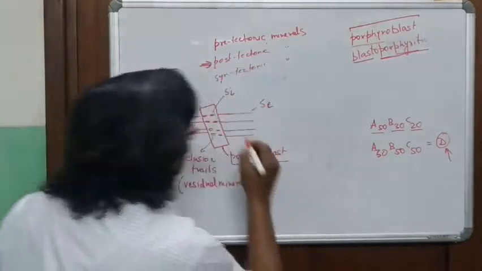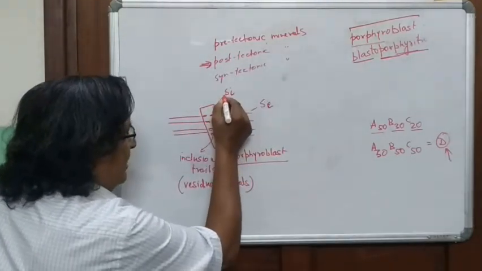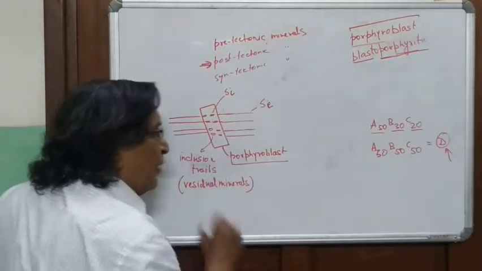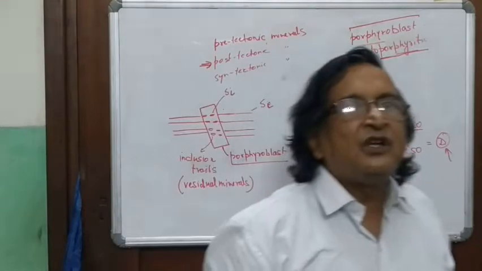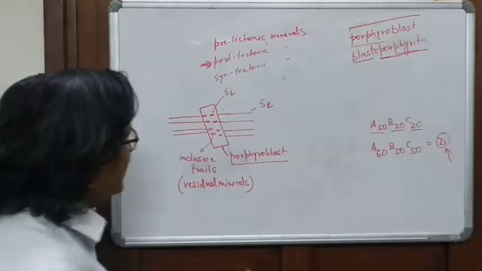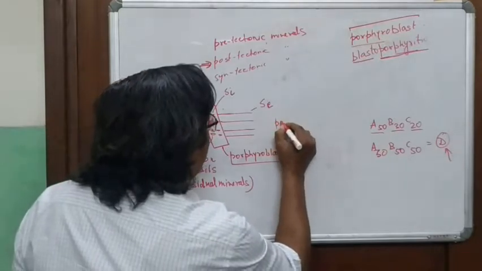So here, Si, the inclusion trails within the porphyroblast, is continuous with the external fabric. This can happen when the porphyroblast is post-tectonic.